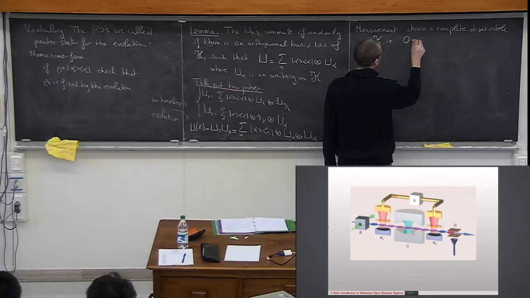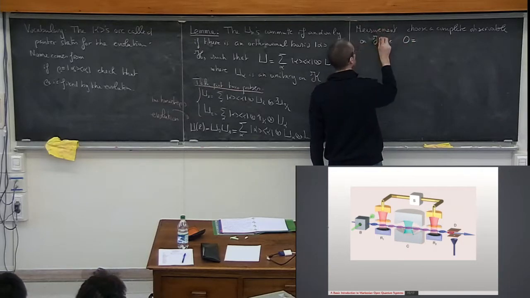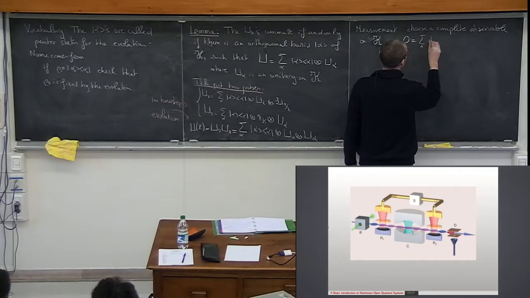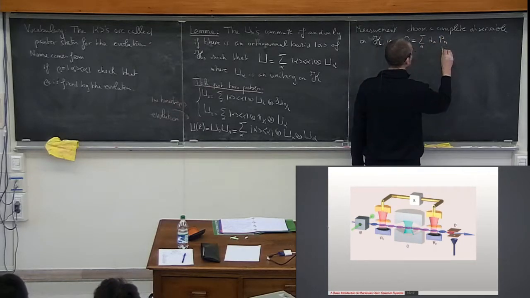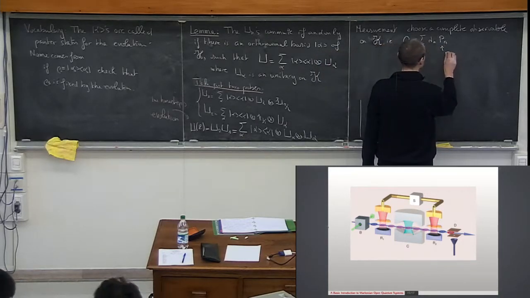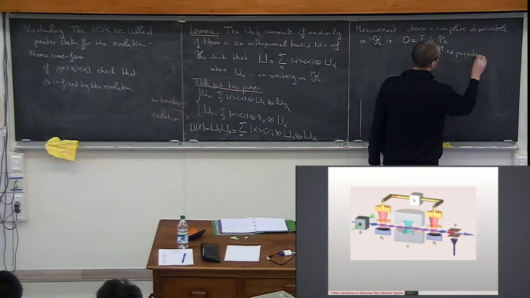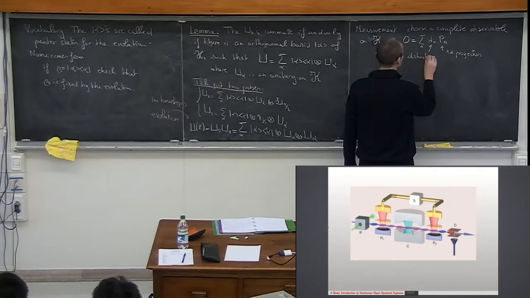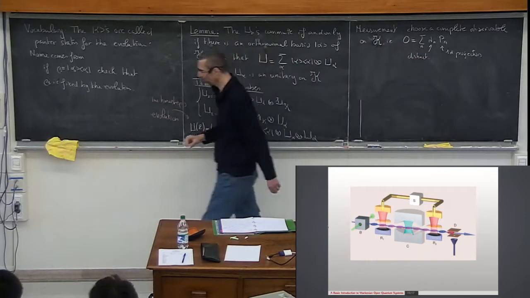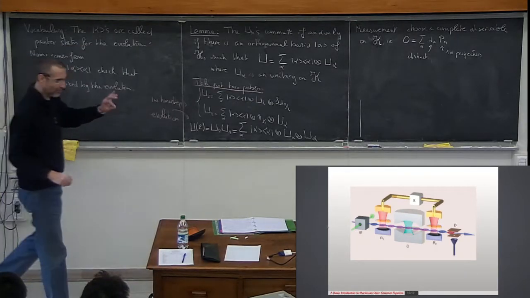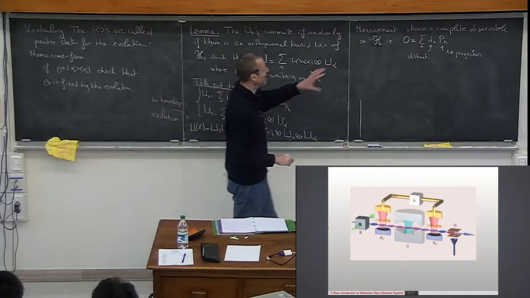The observable is on K. And so let's say it's sum over A, lambda A, PA, and it's a complete observable, which means that these are 1D projectors, and these guys are distinct. So this is a measurement that allows me to define a one-dimensional subspace of the probe space. Okay, so these are what I call complete.